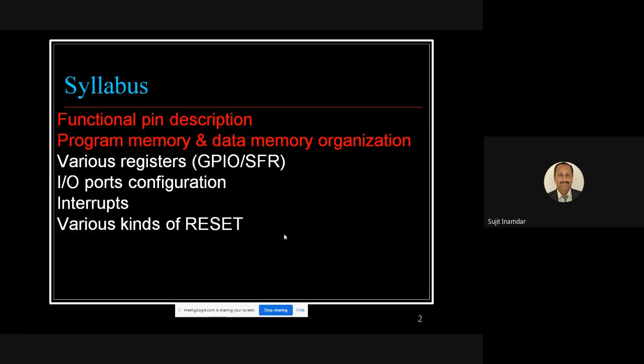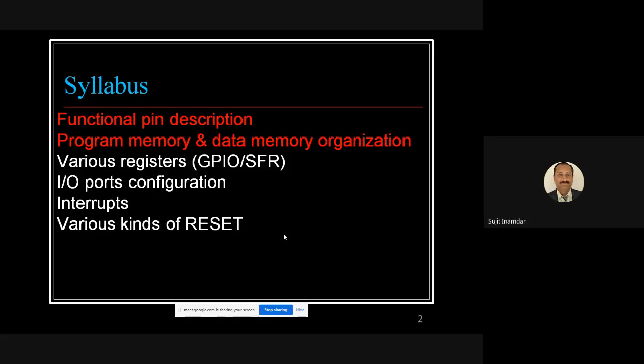I think in the practical we have already seen how to decide their direction. Direction means whether to use the port as input or as output. If you want to use it as input, how to write the instruction or command, or if as output, how to write the command. In that way we are going to learn how to configure the port.